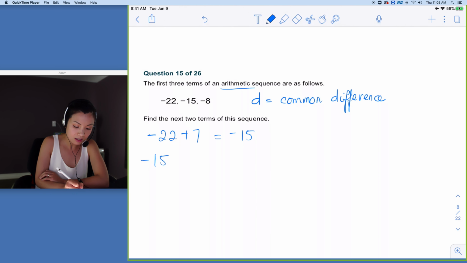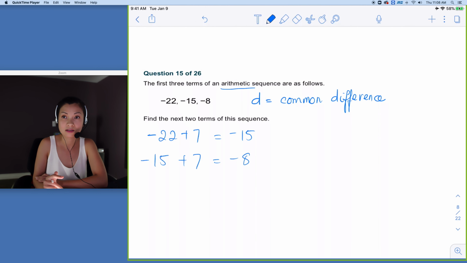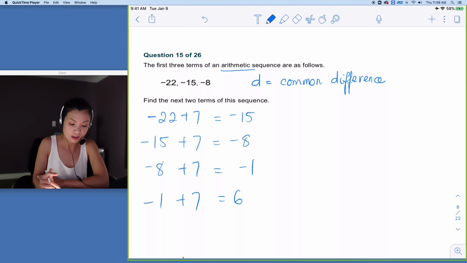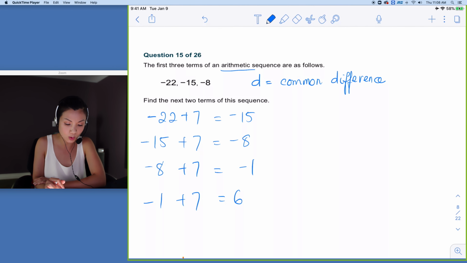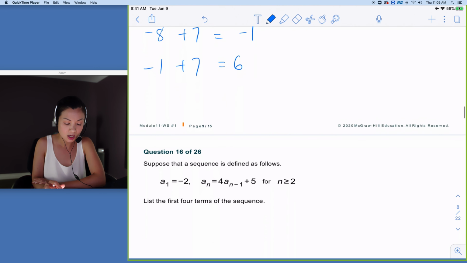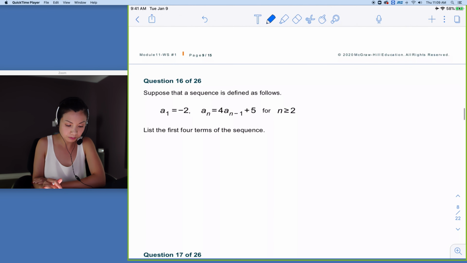Negative 15, if you add 7, you're going to get negative 8. Negative 8 plus 7 gets you negative 1. Negative 1 plus 7 gets you 6. So these are the terms of the sequence. And if you keep adding 7, you're going to get the next term, the following term.